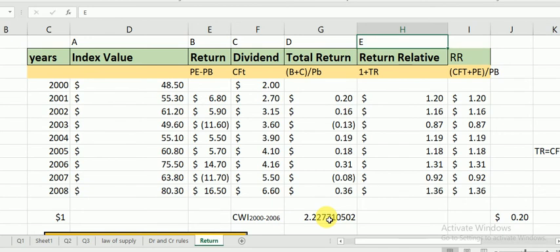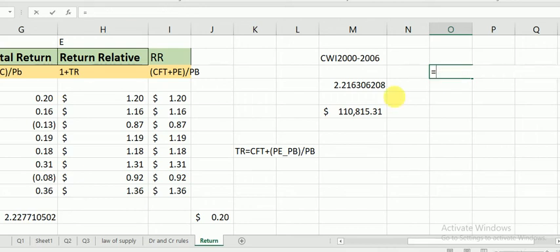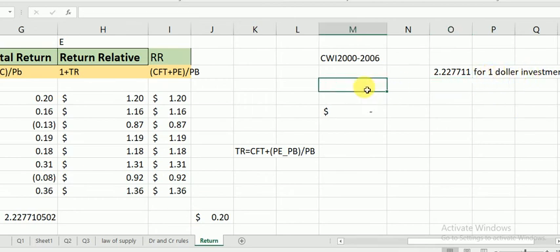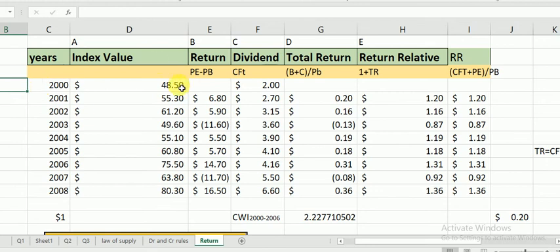So if I put this value here, look at how much is the value for a $1 investment? That is this value. This is for the $1 investment, that we find the value of 2.22. Now look, if I make an investment of 48.50.